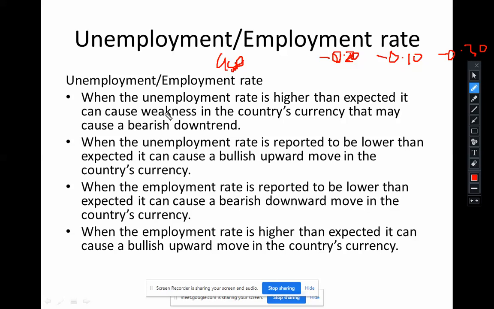Unemployment is just like the number of people who are not employed. If the number of people who are not employed for this month, let me just take it as simple math, in this country is 70%, that means the unemployment rate is increasing, and that will make the country's currency weaken.